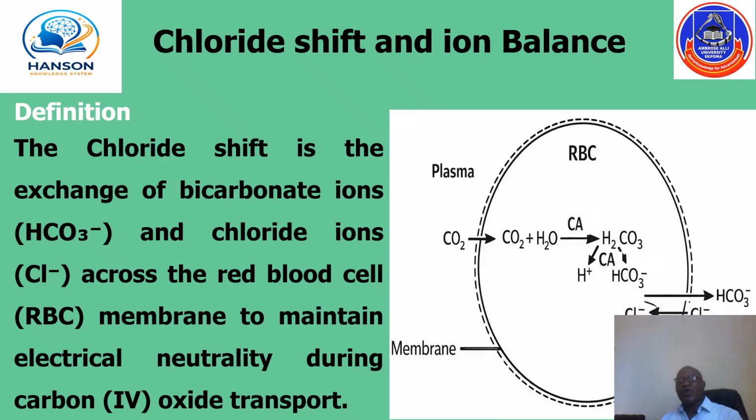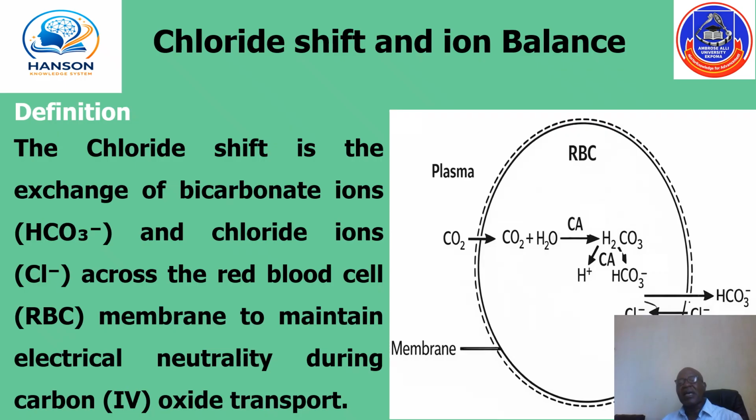Now, in the picture here, you can see the red blood cell with the plasma, and you can see that carbon dioxide is crossing the red cell membrane to form bicarbonate. And you see here CA.